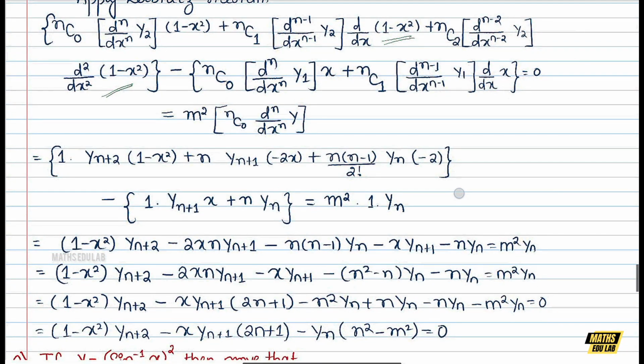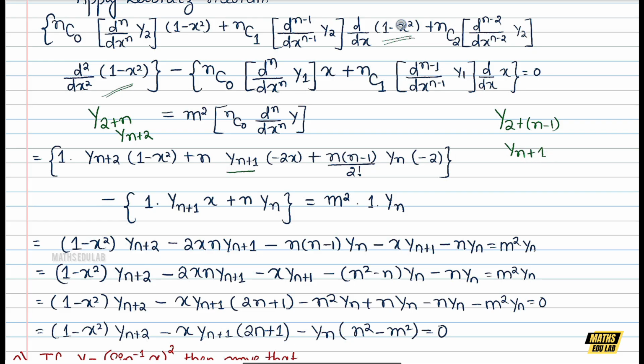Okay, now we will substitute the values. The nC0 value is 1, and as I have told you, y2 with the power n is written as y(n+2). Then 1 minus x^2, and the nC1 value is n, and for this y2 the power n minus 1 gives y(n+1).